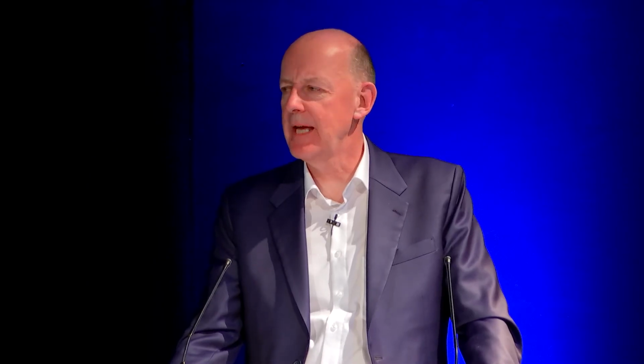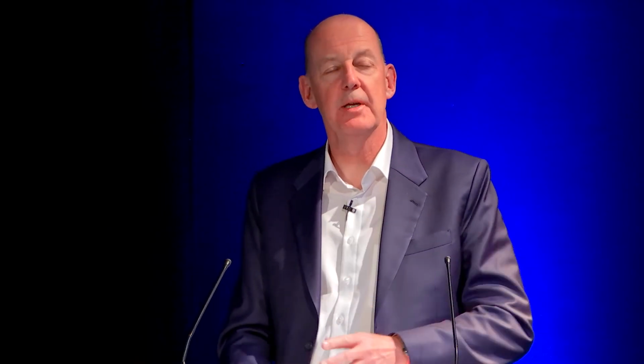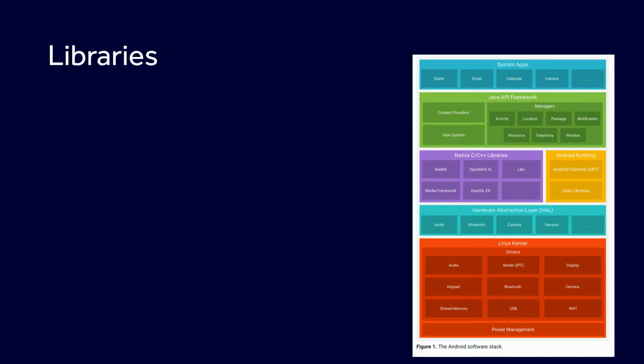So one of the ways around this is to get away from linking to libraries altogether and to interpret the code as you go. You could do that on Android, you could have Java, which is an interpreted language, as a native, or you can do a quick bit of compilation before you run it, called just-in-time compilation. JavaScript, the language that runs on web browsers, is an example of that.